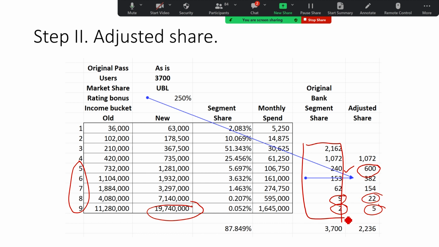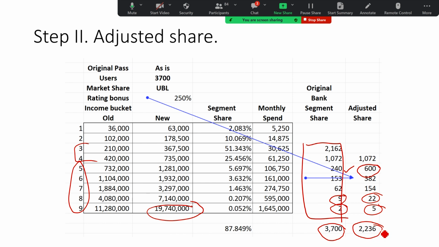Okay. So now what's happening is कि you have a different challenge once you apply this higher rating. ये जो 3.7 million number of users हैं आपके पास, जब आप इसके ऊपर ये 250% का बोनस लगाएंगे तो बढ़ जाएंगे. डिस्पाइट द फैक्ट कि आप इस बोनस को सिर्फ 5 पे लगा रहे हैं, लेकिन ये जो 3 और 4 की कैटेगरी जब आप इसको ऐड करेंगे इसके अंदर, फॉर एग्जांपल इफ यू लुक एट हियर, यू आर ऑलरेडी एट 2.236 million.